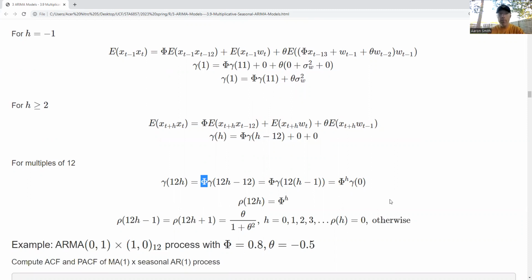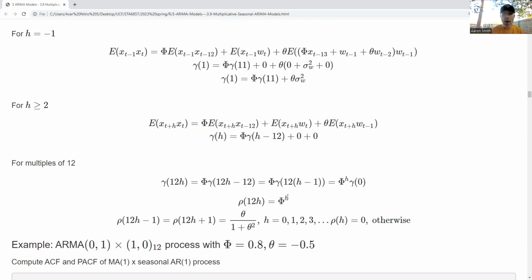Doing this iteratively, we can see that our autocovariance at multiples of 12 are going to be equal to corresponding powers of phi times the variance of the overall process. All right, that's interesting.